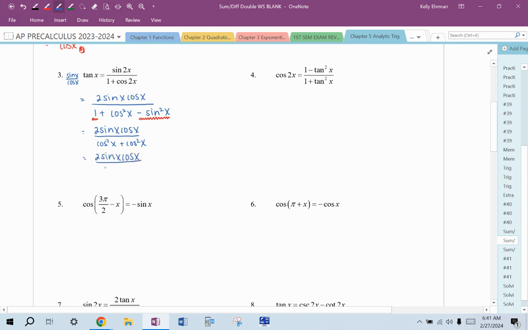So we now have 2 cosine squared x down there. And that's going to help because now things can cancel. The 2's can cancel out. The cosine in the numerator can divide with one of the cosines in the denominator to make 1, and we are left with sine over cosine. And that's equal to tangent.